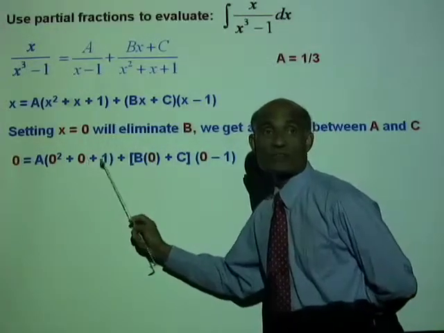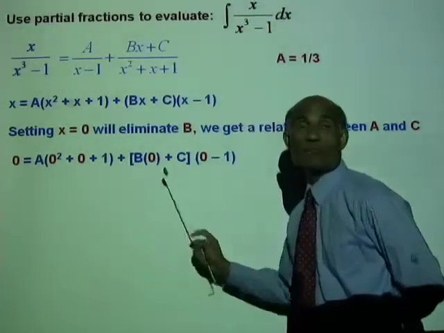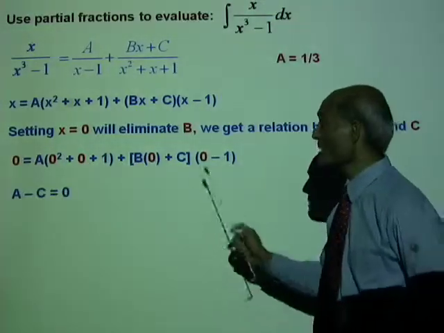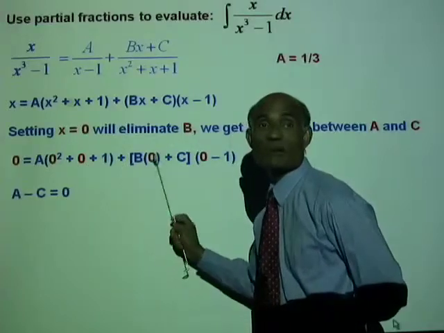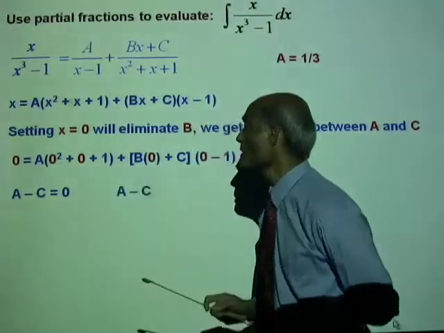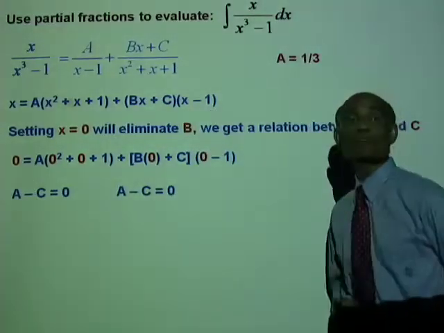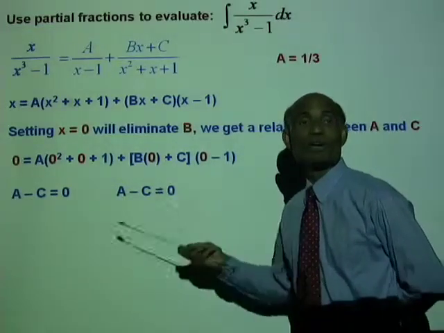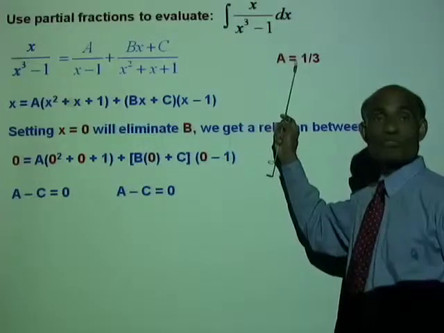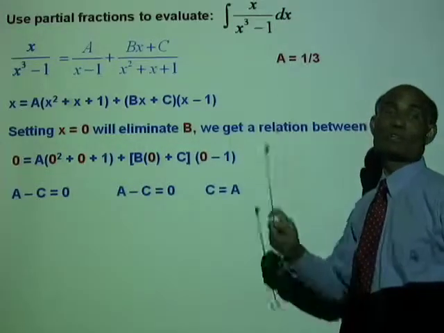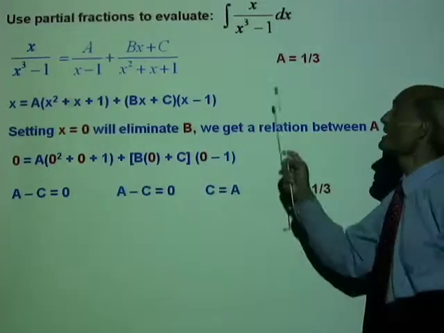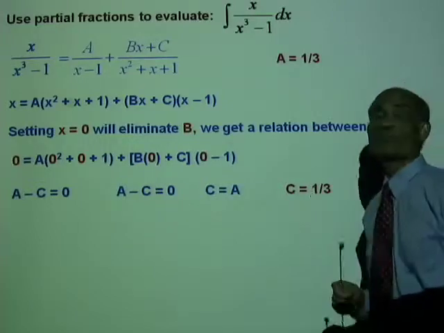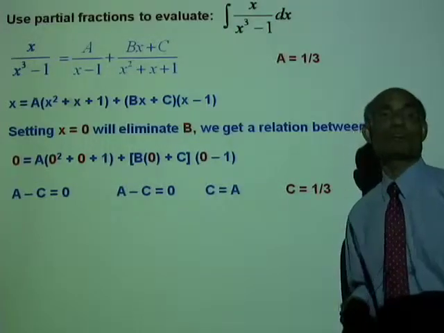So the right side will be a minus c. Is that right? Yes. a minus c equal to 0 gives you a equal to c. Since we know a, we also know c. a equal to 1/3, therefore c is also 1/3.